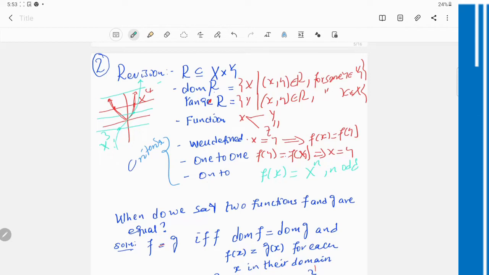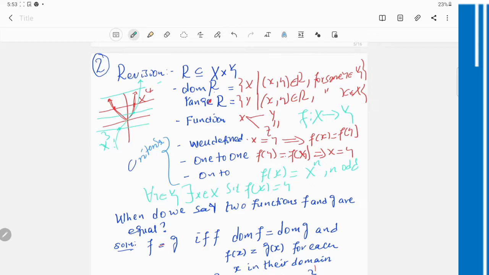For onto-ness, the criterion is this: for every y in Y. Remember, I'm assuming that the function maps X to Y. For any y in Y, there exists x in X such that f of x equals y.